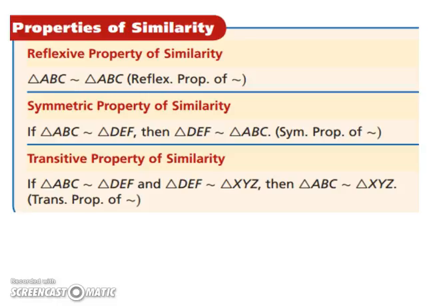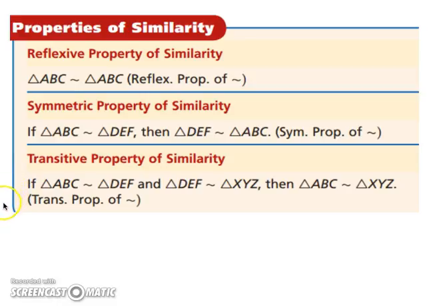Let's look at a couple properties of similarity. We have the reflexive property of similarity, which is triangle ABC would be similar to triangle ABC. We have the symmetric property of similarity, which would be if triangle ABC is similar to triangle DEF, then triangle DEF would be similar to triangle ABC.